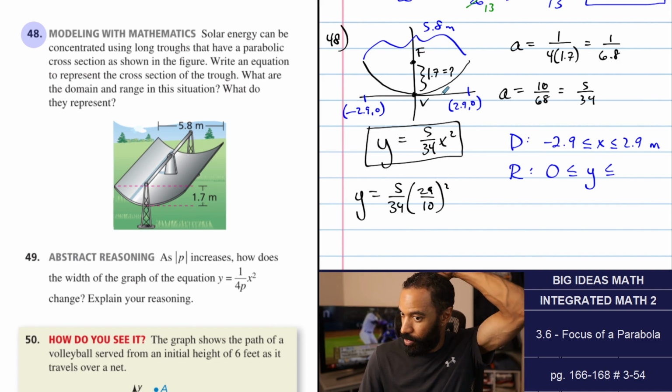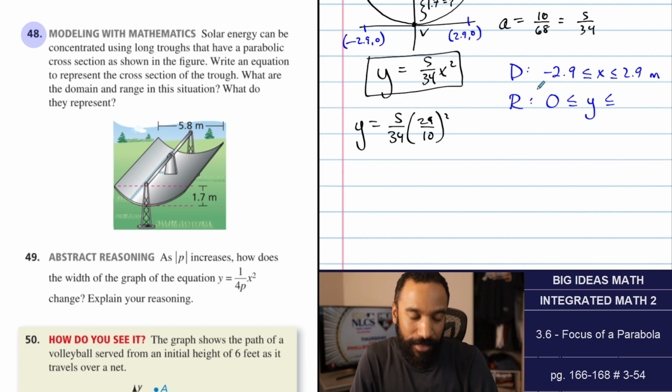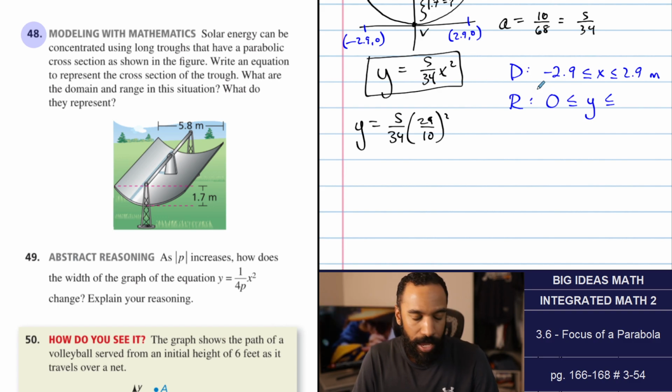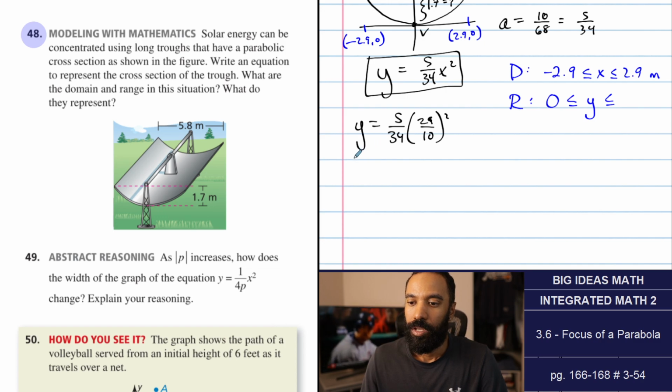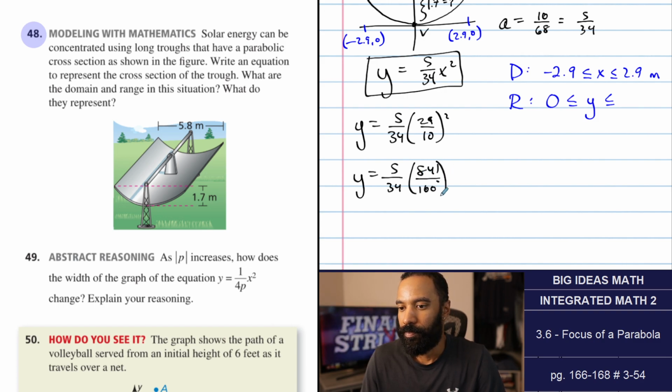I don't know 29 squared though, so this might be problematic. I think it's 841. So we get 5 over 34 times 841 over 100.